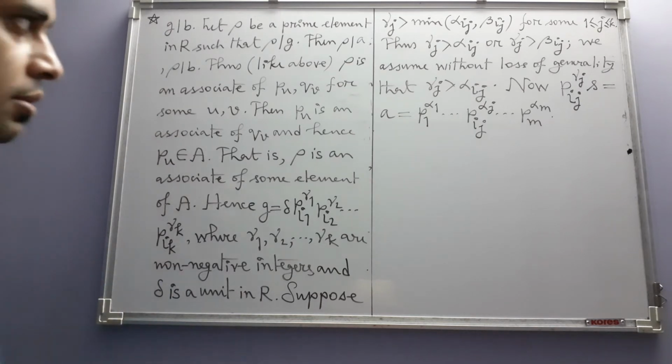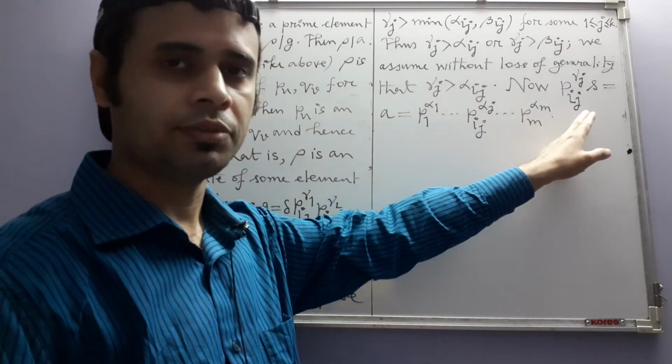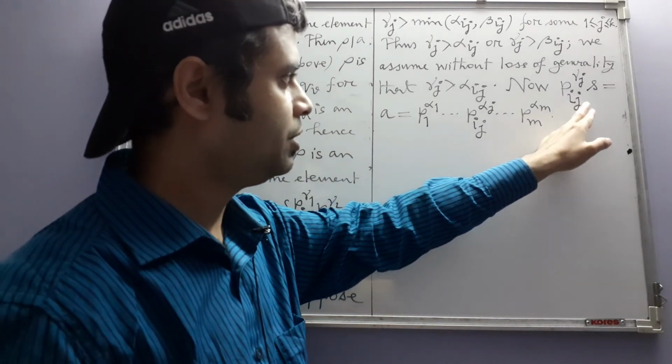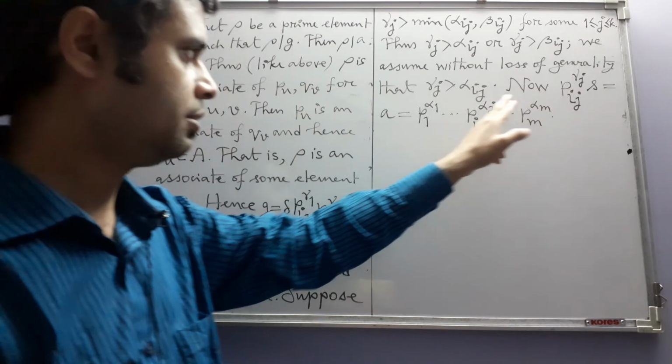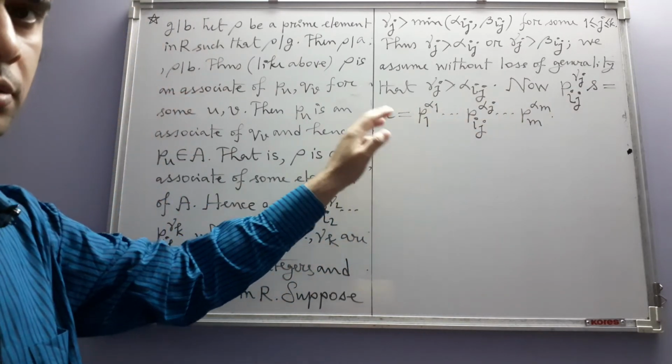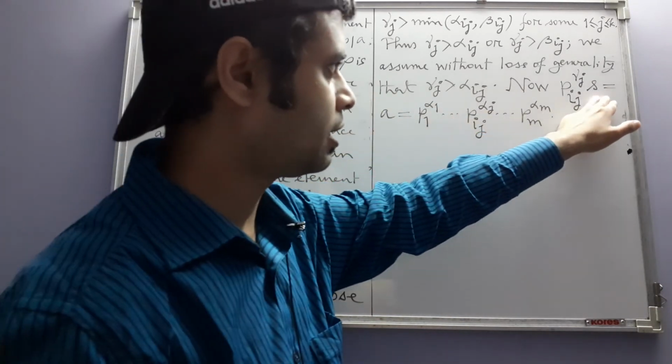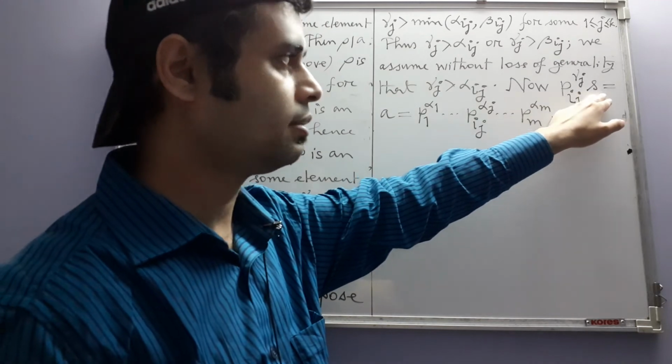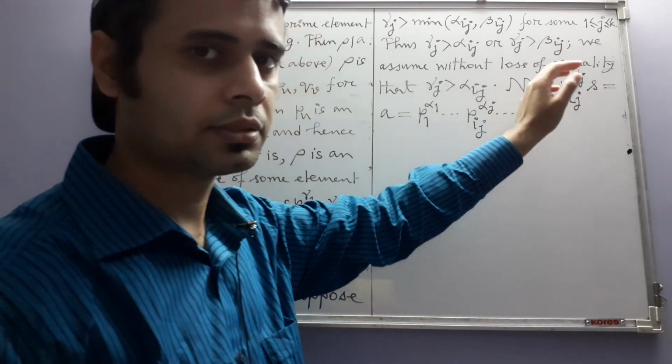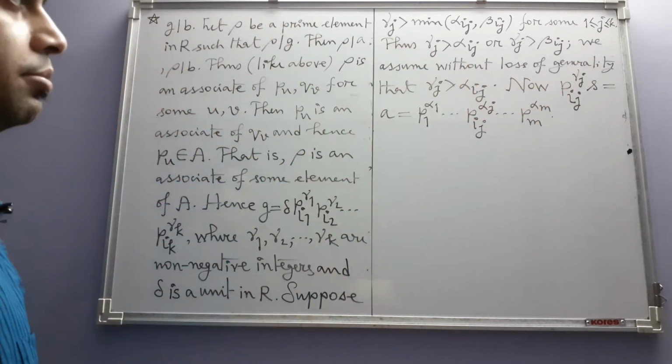It seems that we have used the fact that Pij to the power gamma j divides A, because that's why we are able to write A as a multiple of this power of Pij.